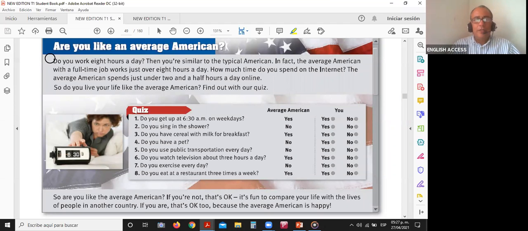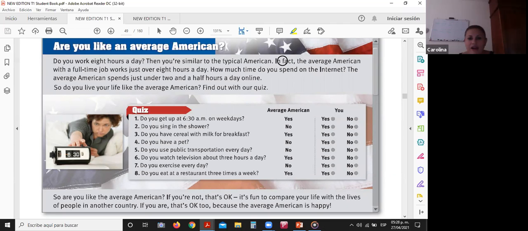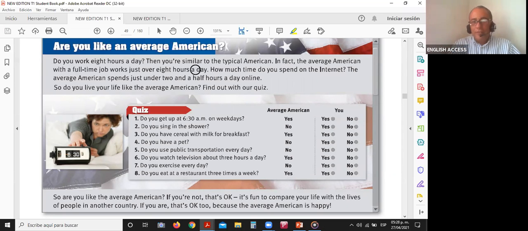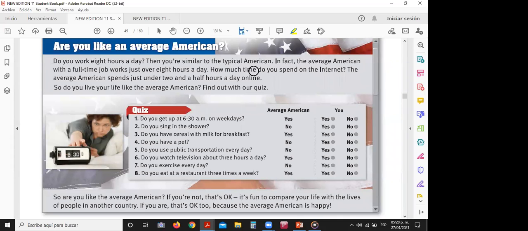Let me start. It says, do you work 8 hours a day? Then you're similar to the typical American. Carolina: In fact, the average American with a full-time job works just over 8 hours a day. Very good. Fatima: How much time do you spend on the internet?